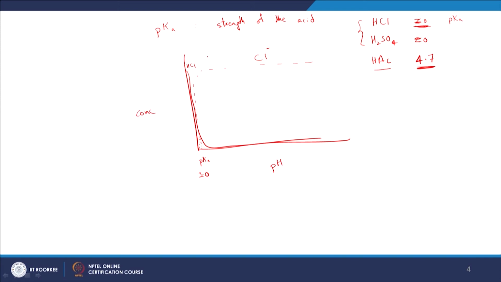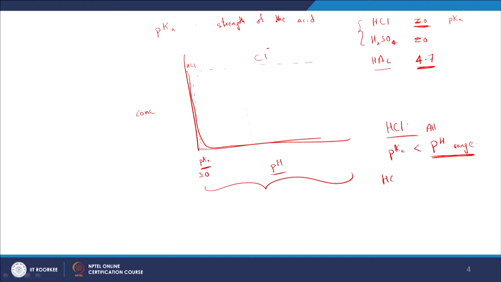So, compare that with the acetic acid, the pKa of the acetic acid was somewhere here, 4.7, right. With respect to HCl you see that in the normal range of pH, the pKa of HCl is always less than the pH. For HCl, what do we see? pKa is less than almost all the pH range, I guess, right, it is always less than the pH range that we come across.